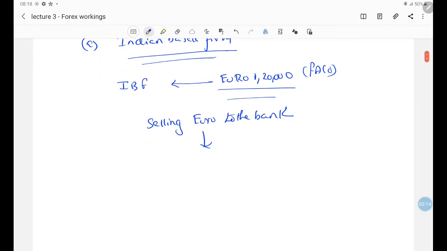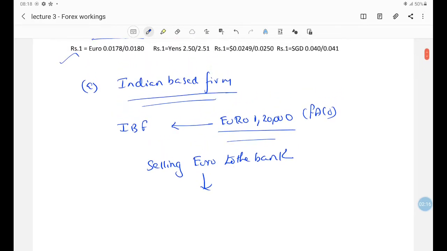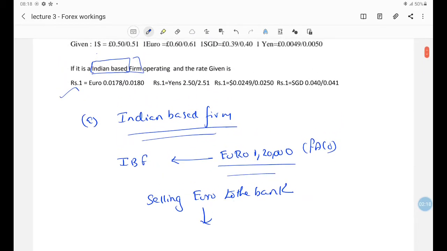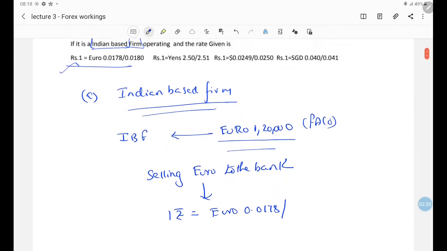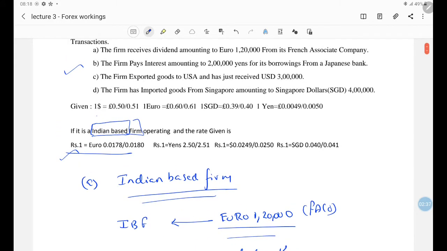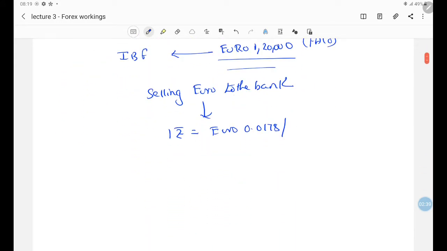They have given the rate: 1 rupee equals euro 0.0178 and 0.0180. This is the book example I have taken.